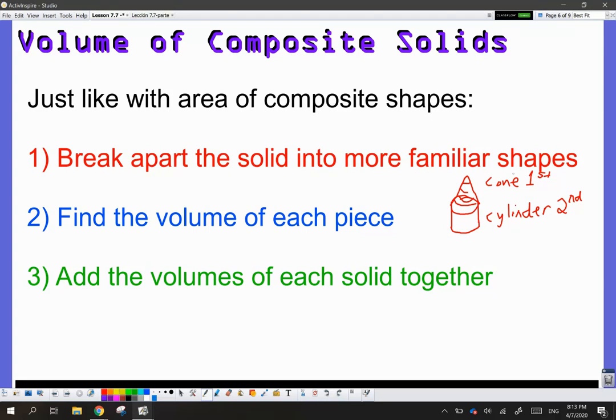Break it apart into those simpler shapes, and once you have it broken apart, find the volume of each piece. Remember to do this separately from each other. Don't try to find all of the volumes at the same time, because you'll get confused. Do one first, then the other. And once you have all of those volumes, add them together to get your total volume.